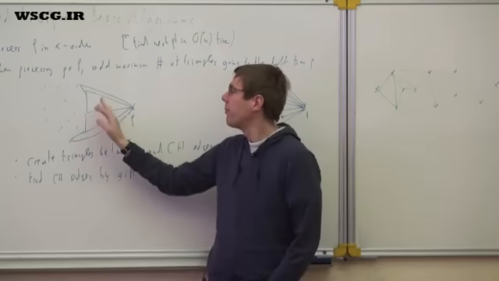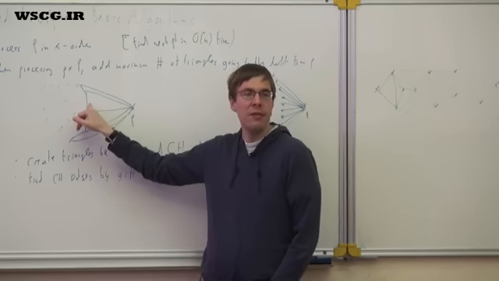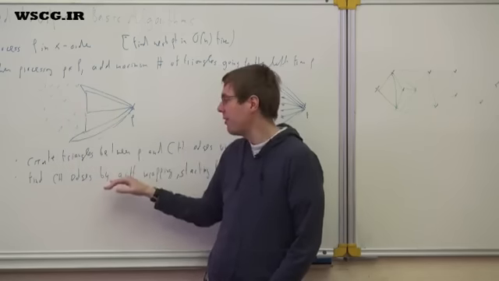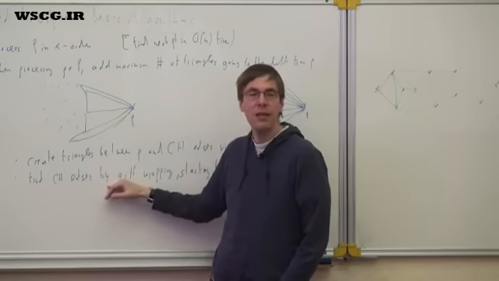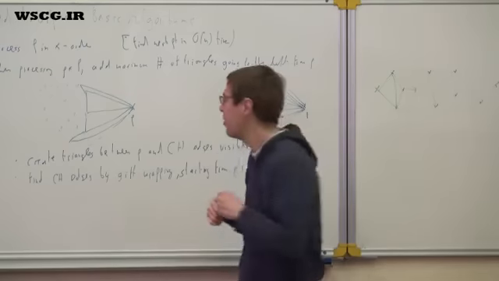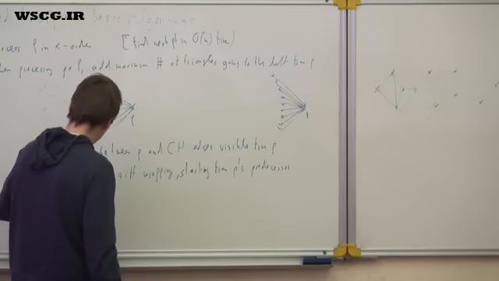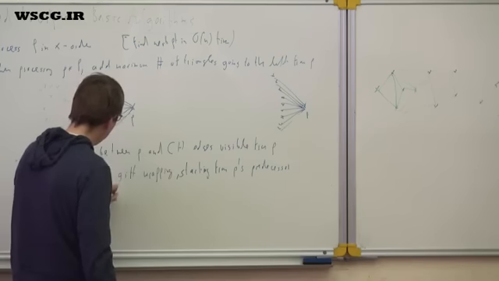Every time we find a new edge of the convex hull, we also output a triangle, right? So this step takes linear time for each triangle. So each step is O of n time.